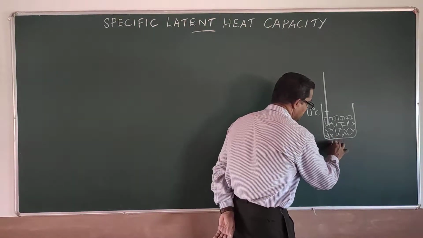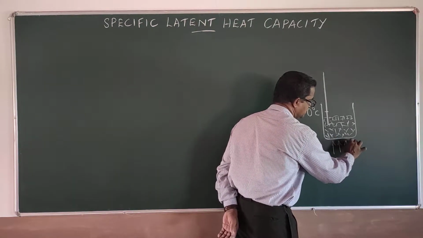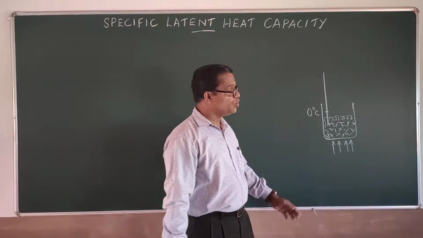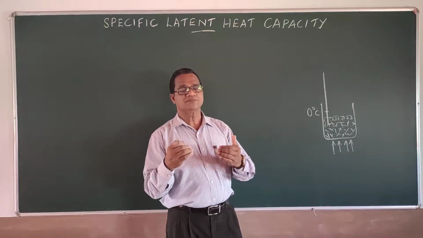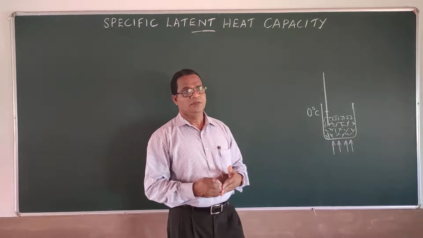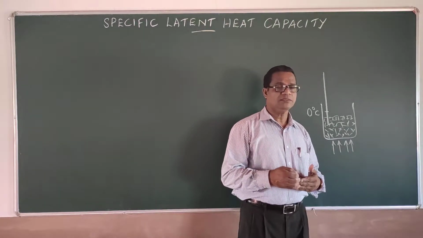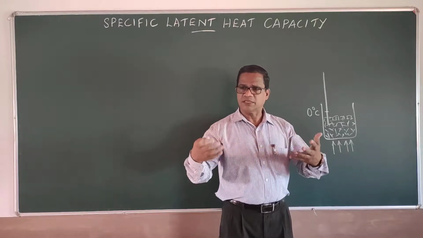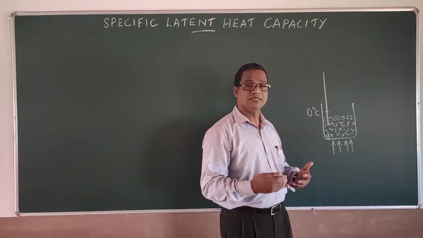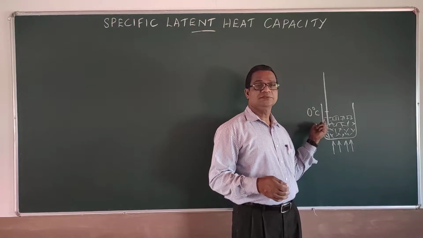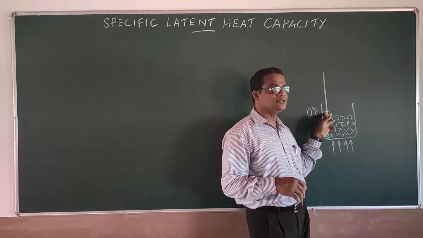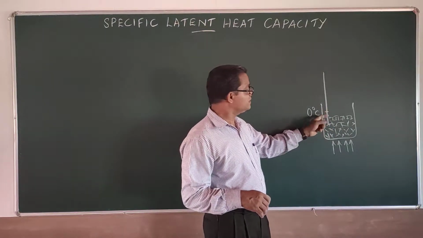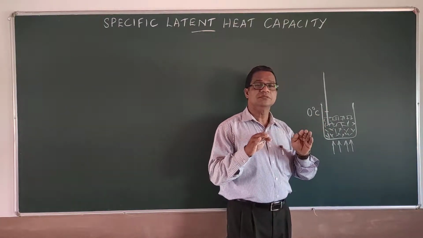Now I start heating this vessel, and as I go on heating, ice starts melting, and the melting continues as it continuously absorbs heat. The thermometer reading is still 0 degrees Celsius.